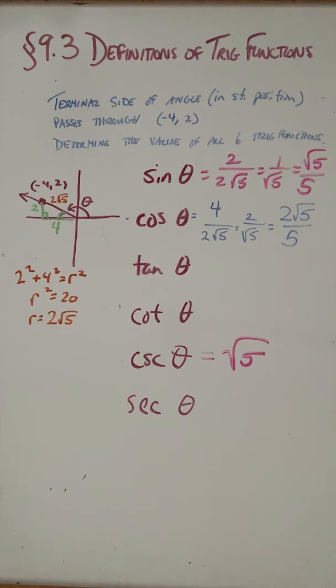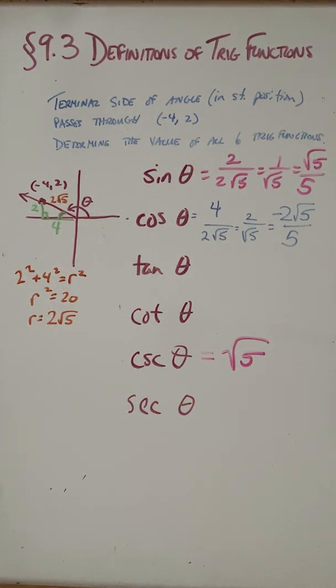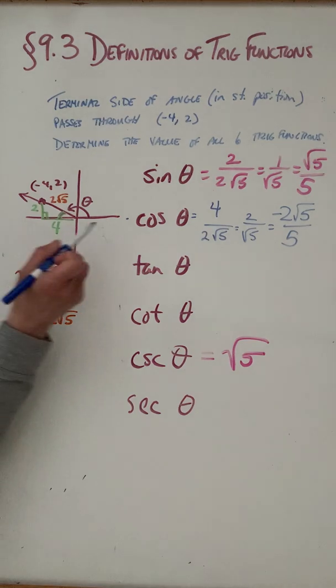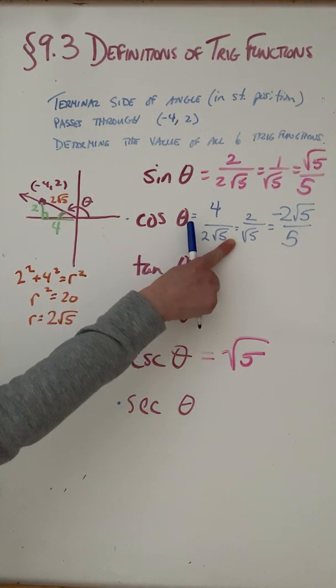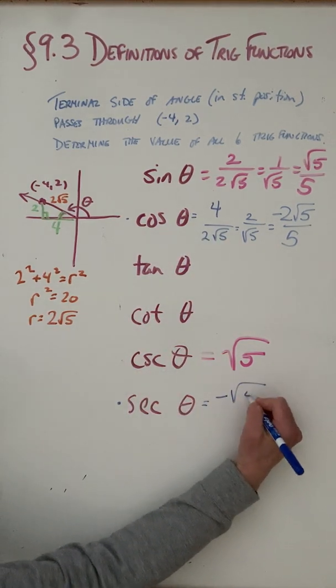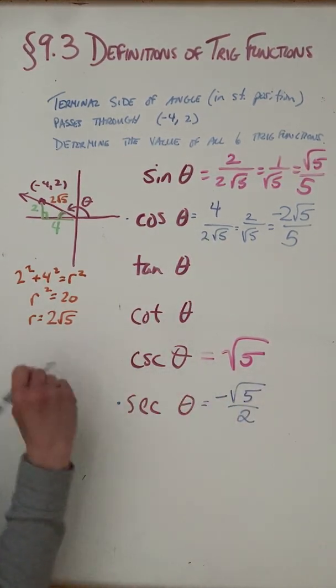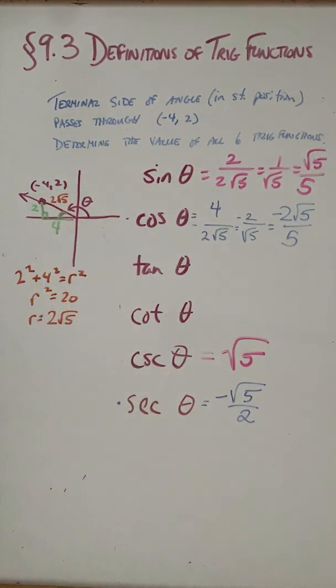All right, but we are in the second quadrant, and what do we know about cosine in the second quadrant? It is negative. Okay, what's the reciprocal of cosine? The reciprocal of cosine is secant. So again, I'm going to take the reciprocal here so that we get negative √5 over 2. I should put the negative in there somewhere so that we know.